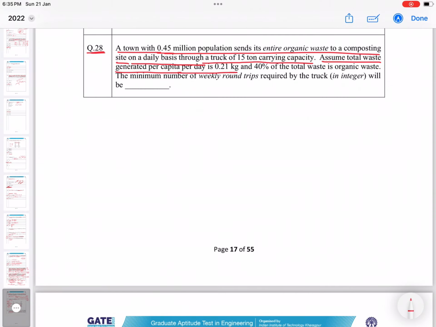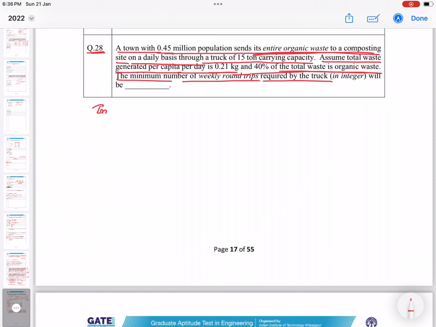Assume the total waste generated per day is 0.21 kg per person and 40% of the total is organic waste. The minimum number of weekly round trips required by the truck will be.